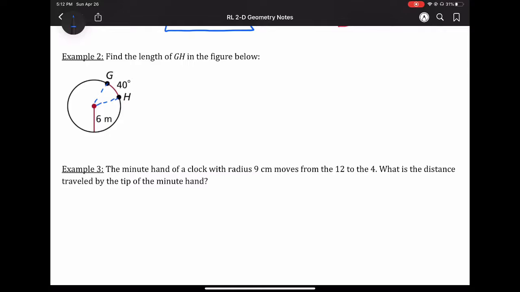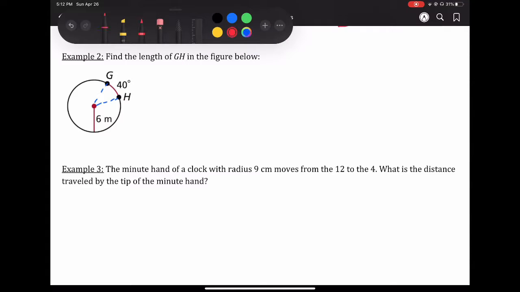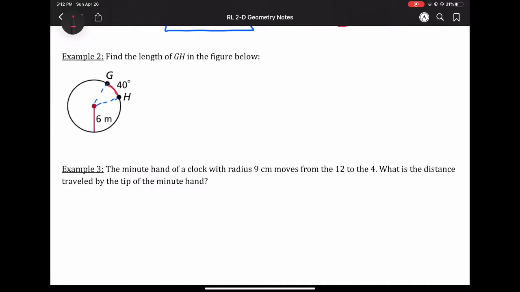So if we're trying to find the length of G to H, we are working with just this section and our 40-degree angle, but it does require us to have the radius, which is listed here as 6 meters.